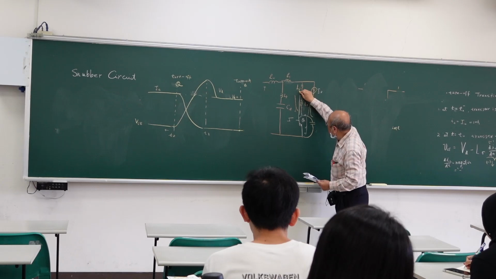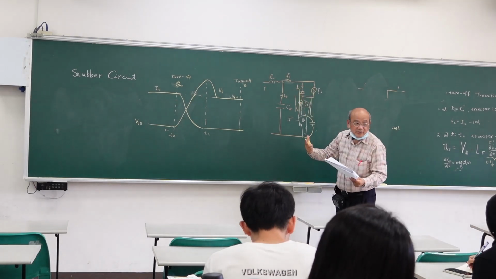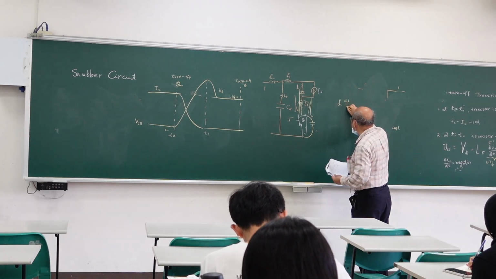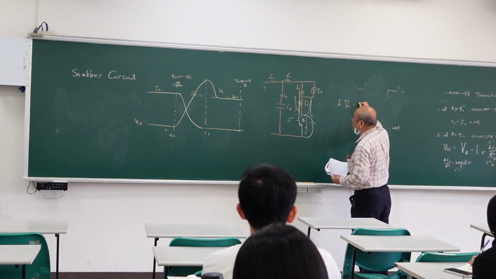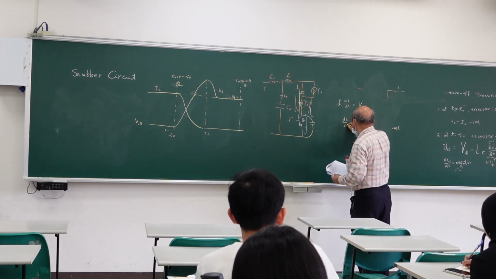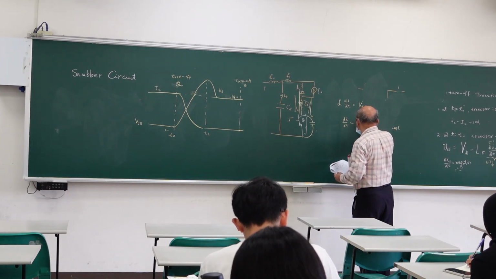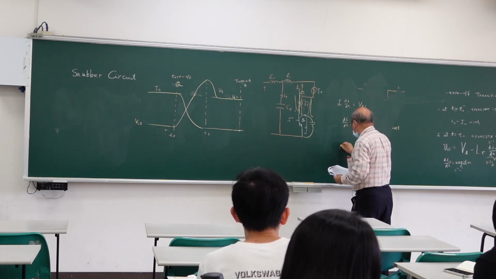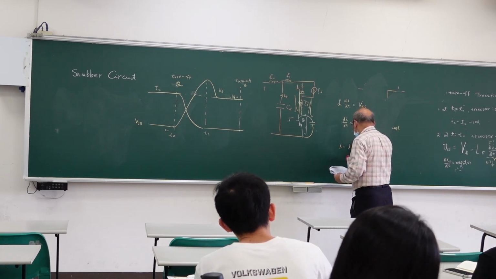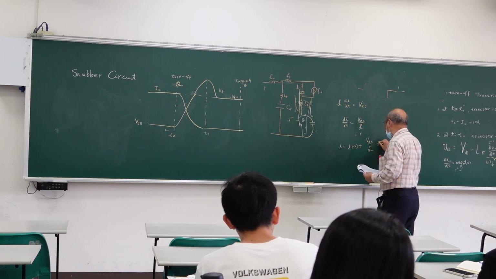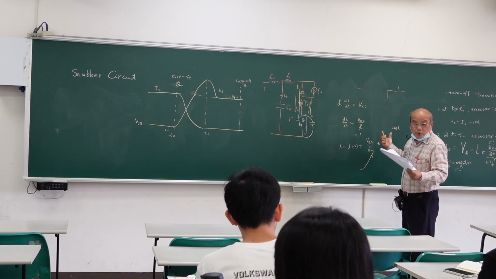Then the current increases, right? Because you have L dI/dt equal to VDC. So dI/dt is VDC divided by L. So it is positive. Then I starts from 0 and increases with time.